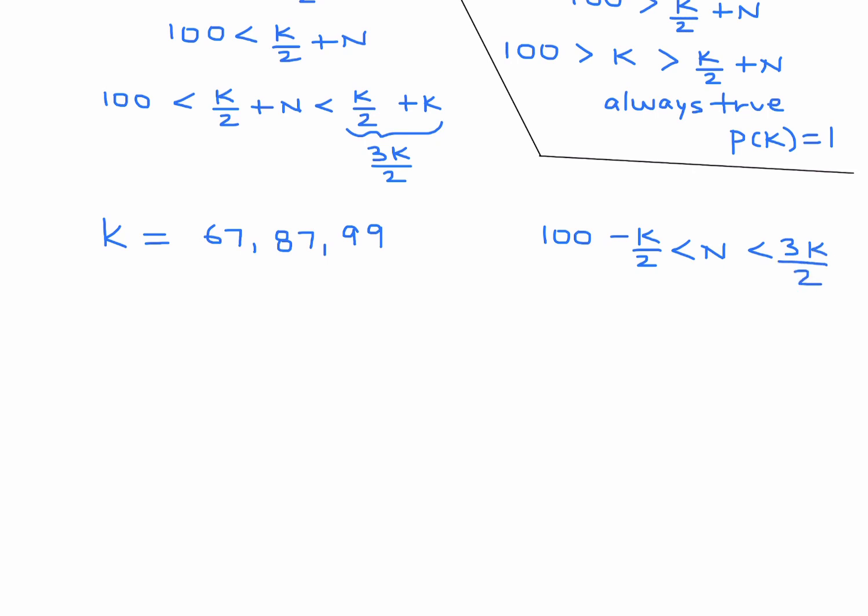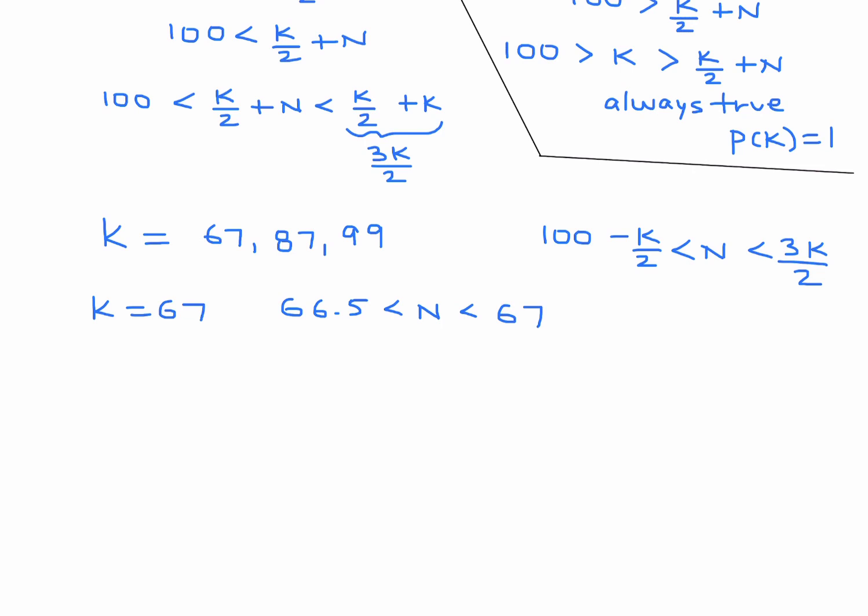All right, so let's figure this out for k equals 67, 87, and 99. If k equals 67, we have the following numbers. 66.5 is less than n and less than 67.